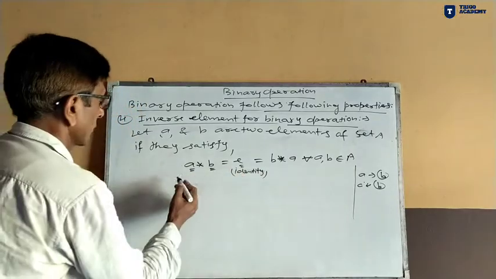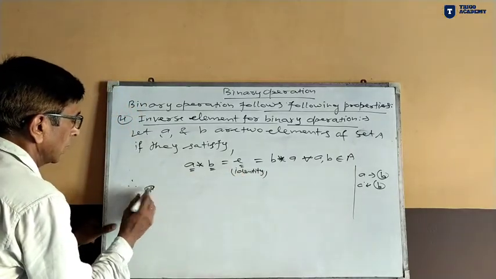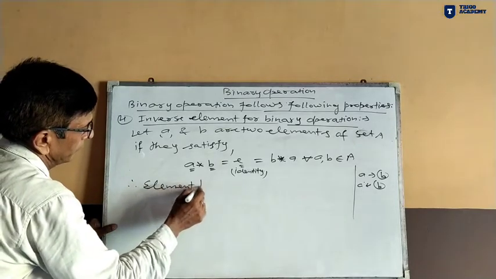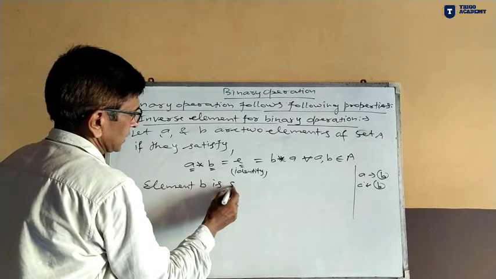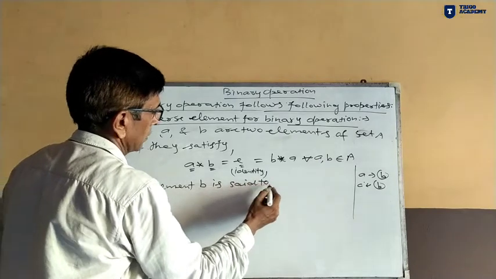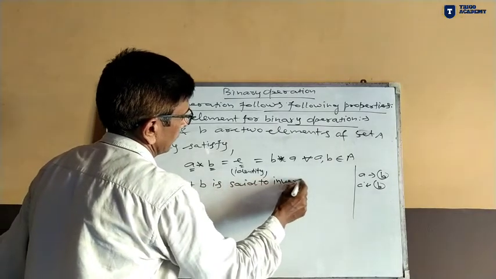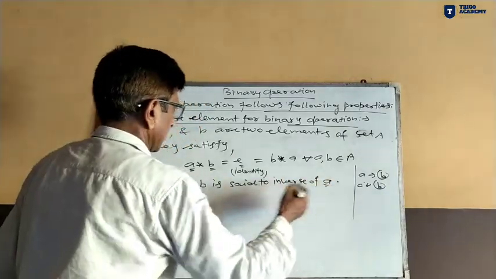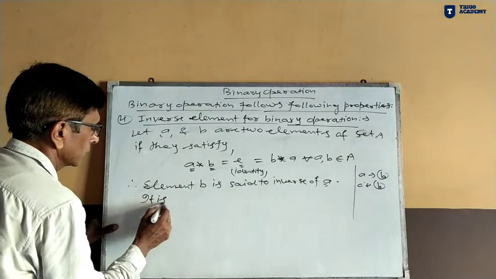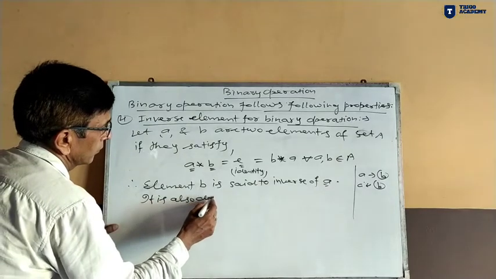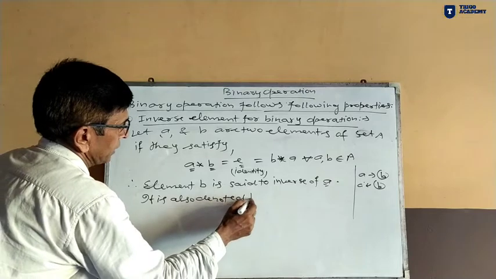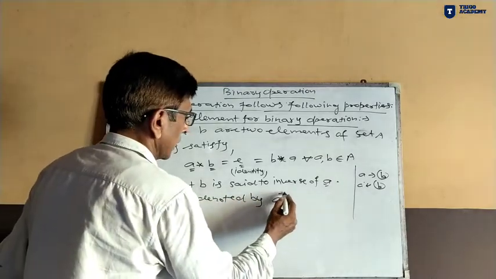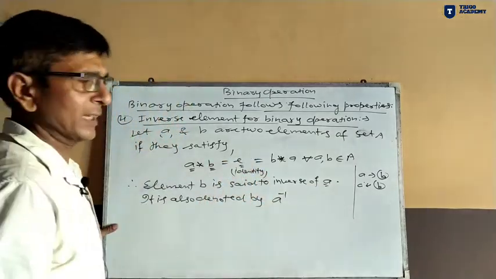Due to this, element B is said to be the inverse of A. It is also denoted by A to the power -1.